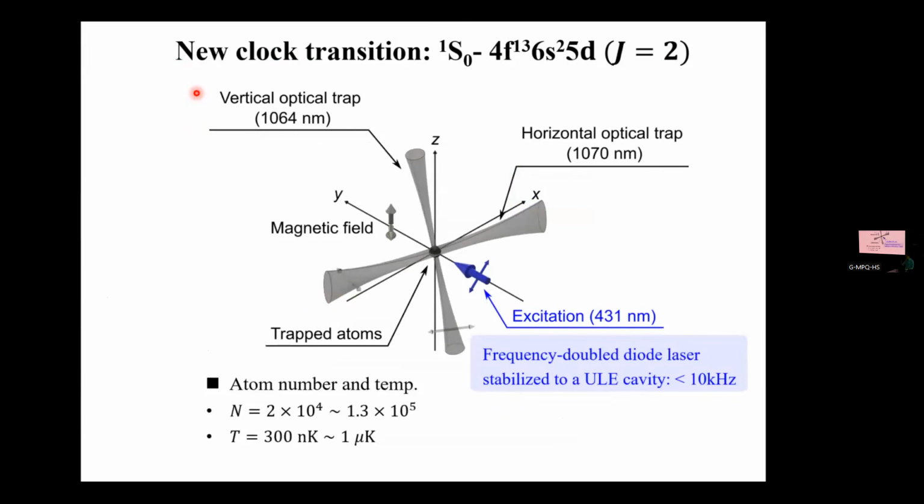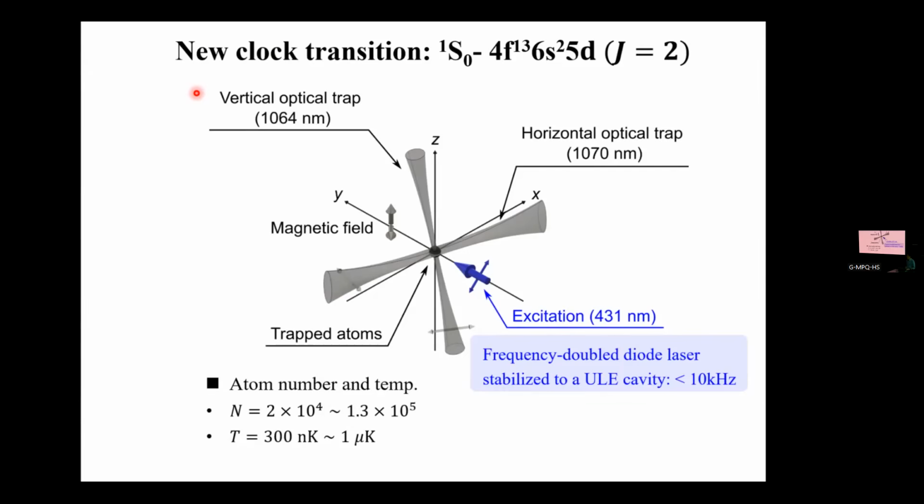The lifetime measurement is done with the 3D optical lattice to isolate the atoms, otherwise there would be collisions between the excited state atoms that limit your lifetime. So we performed the lifetime measurement with atoms in a 3D lattice.